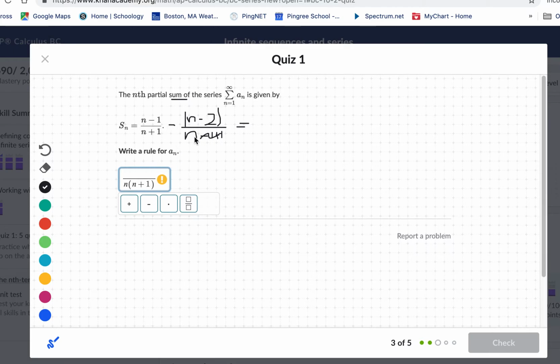Well, if I multiply n times that top, it's n squared minus n. If I multiply this times that and I FOIL those out, that's going to be n squared minus n and then minus 2. Well, this n squared minus n will cancel with this n squared minus n, and all I'm left with is a minus 2. So that top is going to be 2.